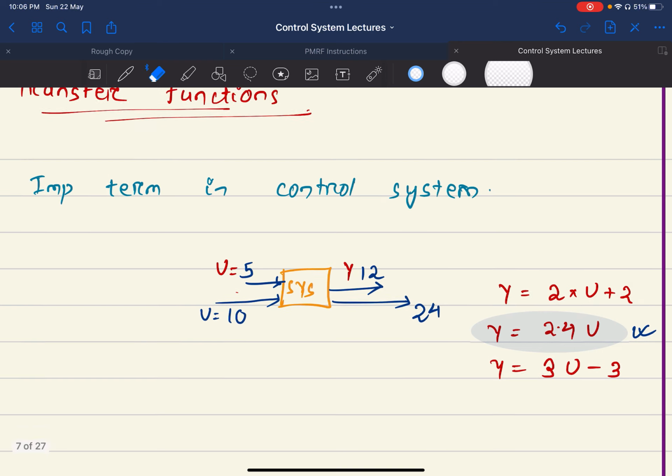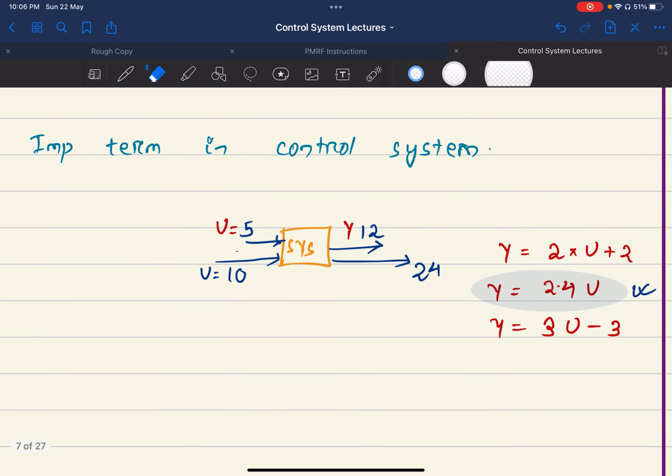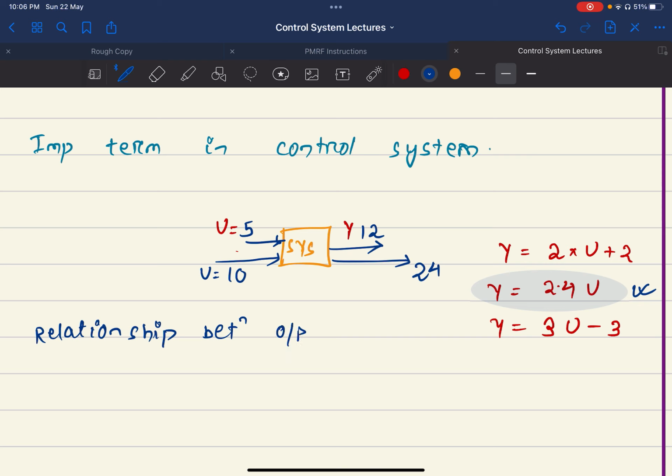So this relationship between output and input is called a transfer function.